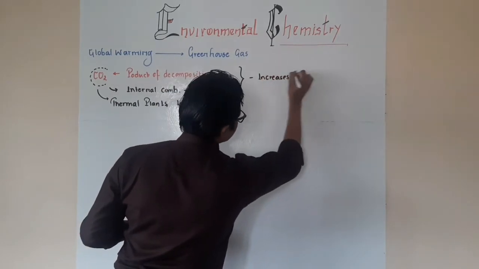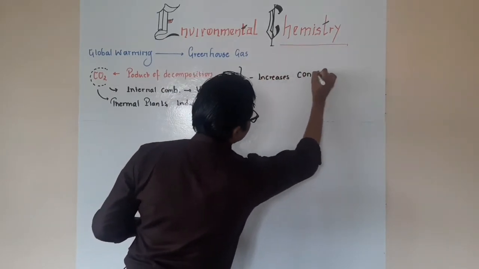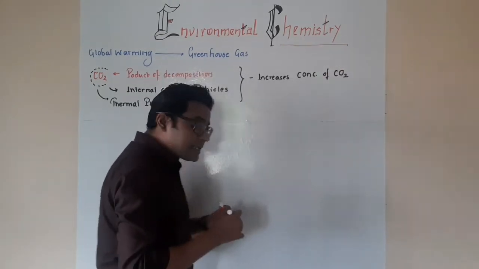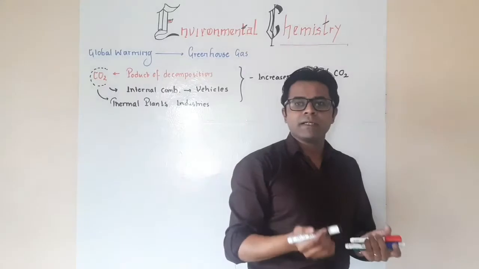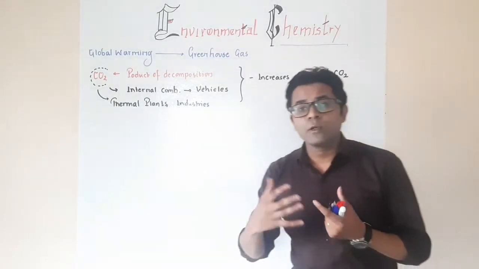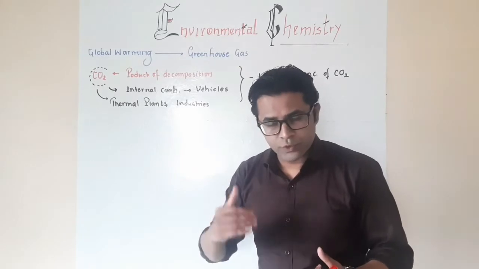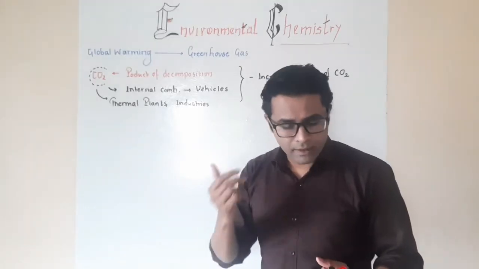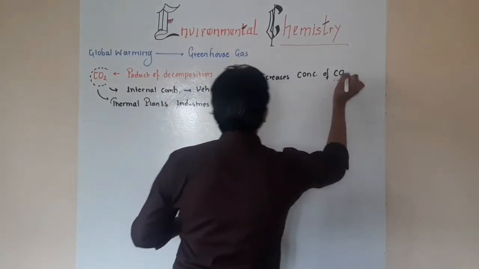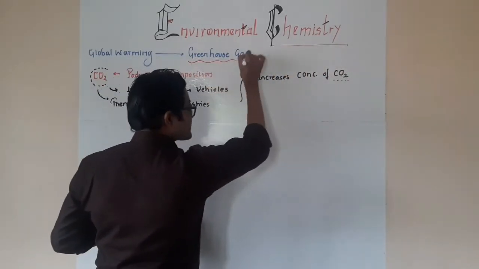This directly increases the concentration of carbon dioxide, right? So when it increases, the temperature of the globe, of the earth, goes on increasing step by step. This is one of the greenhouse gases.